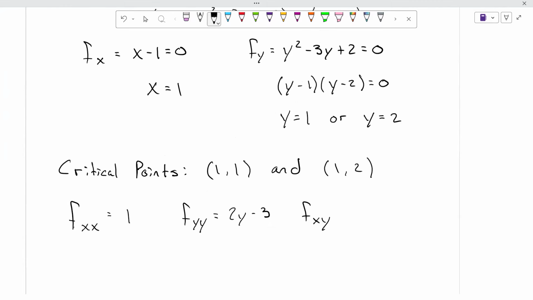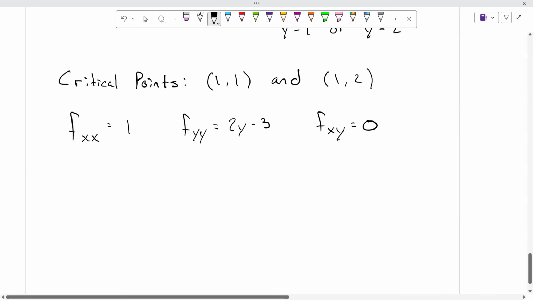And the mixed second order partial derivative, partial x, partial y, or partial y, partial x, remember that those should be the same as long as we have a nice function, is 0 from either case, since neither of the first order derivatives depended on the other variable. Each of our terms were independent.